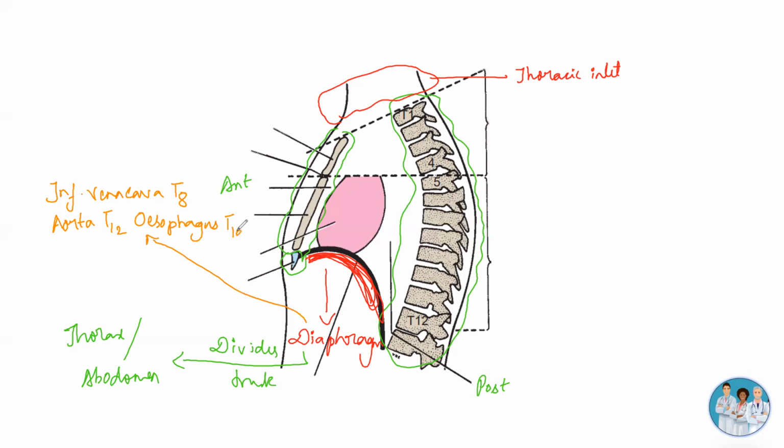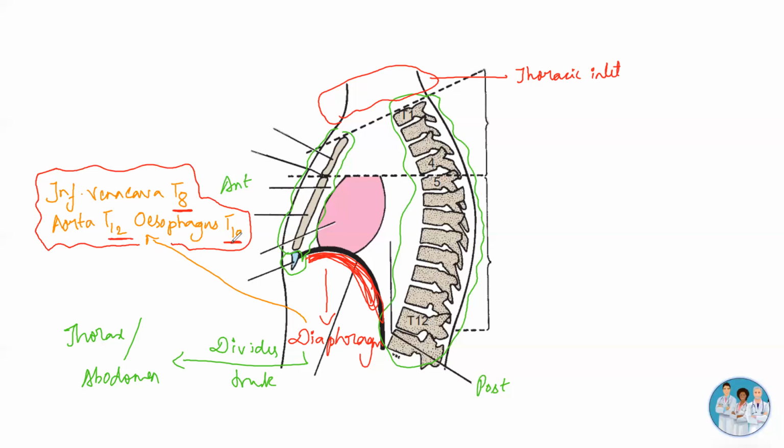These are some of the important structures which pierce the diaphragm at the respective levels, T8, T12 and T10. And these are all the structures by which the mediastinum is bounded.